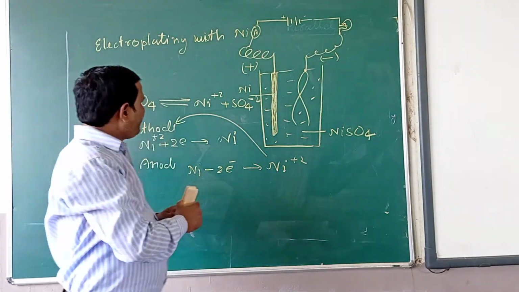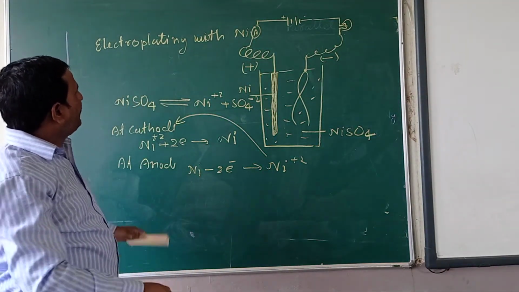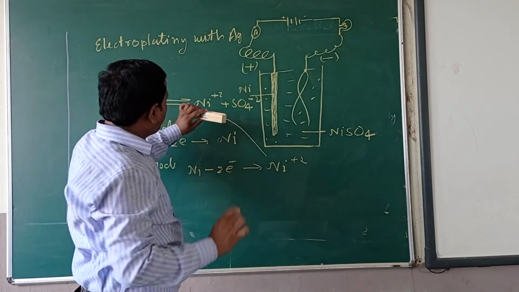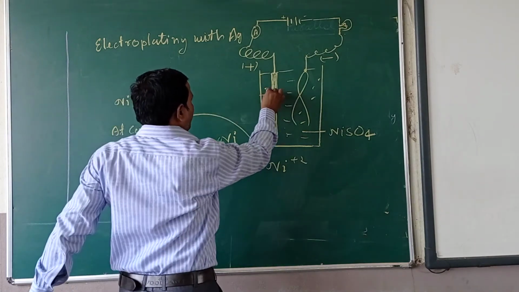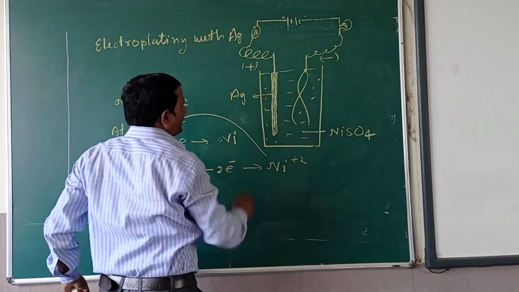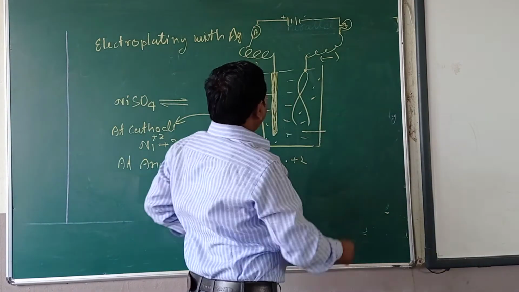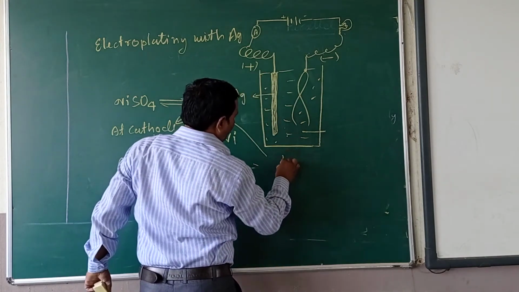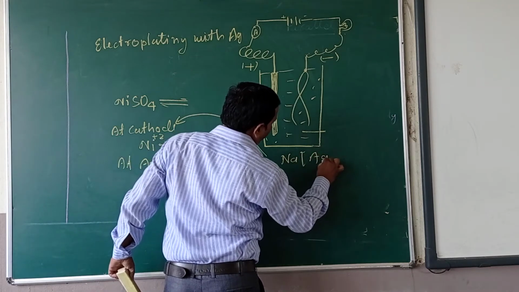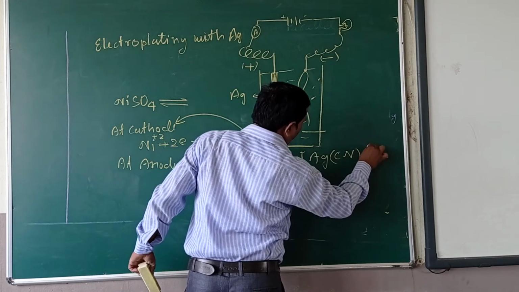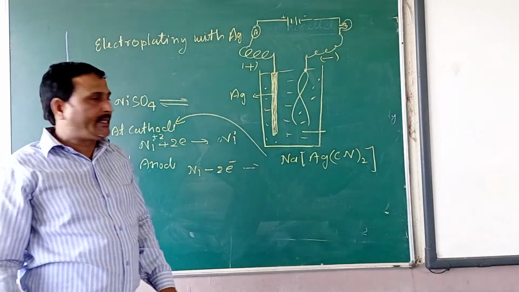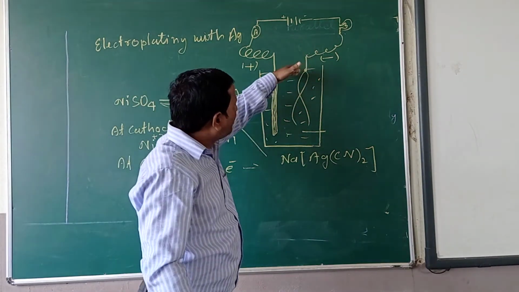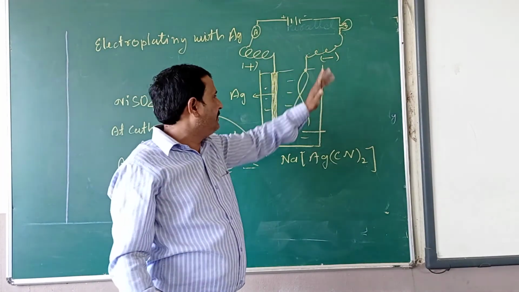Now remember this. Similarly, in case of electroplating with silver, Ag, same setup. You have to take the anode as silver, and the electrolyte as sodium argentocyanide, sodium silver cyanide, or sodium argentocyanide. Either a spoon, scissors, any number of articles you can connect here with the cathode.